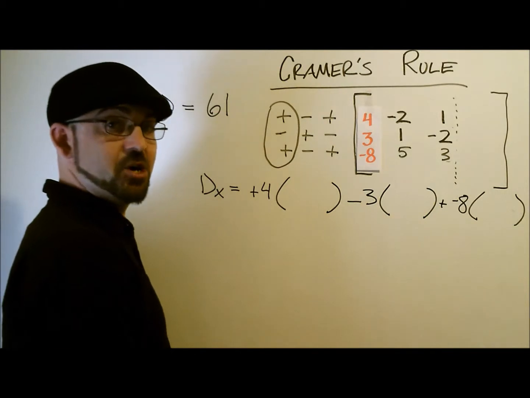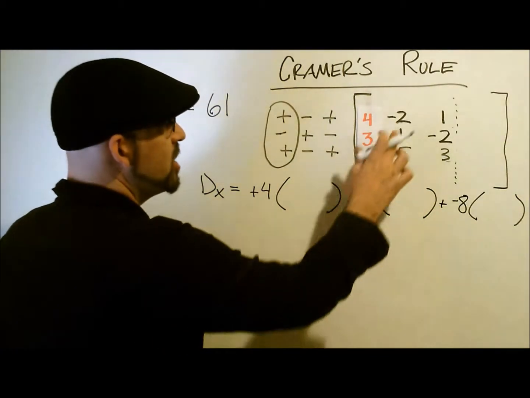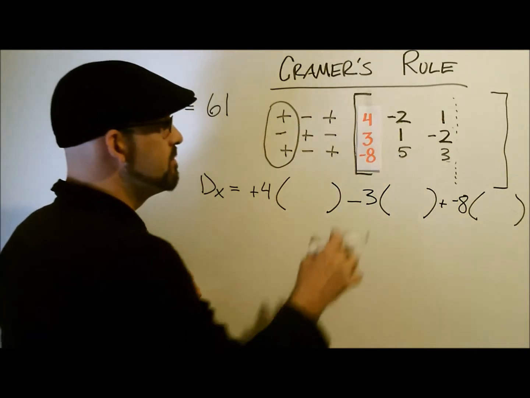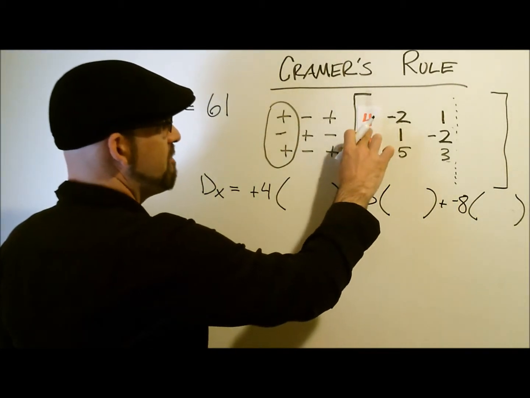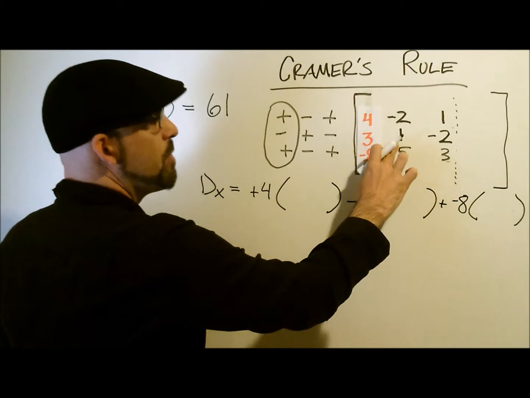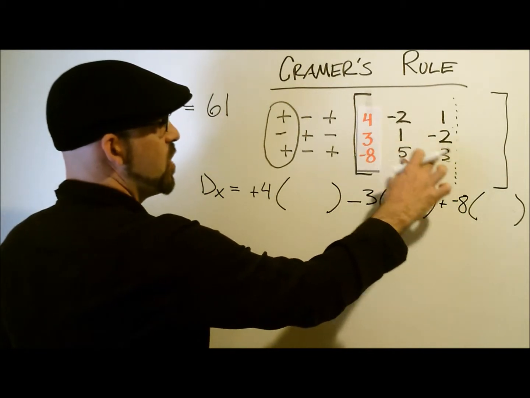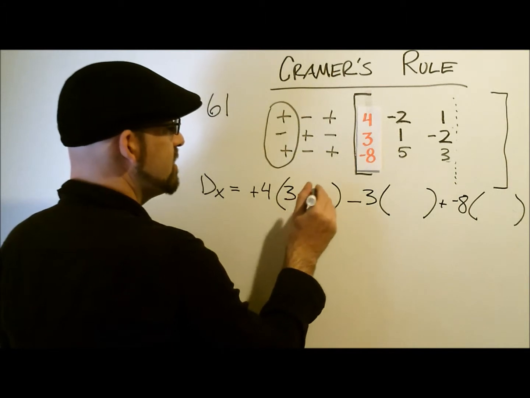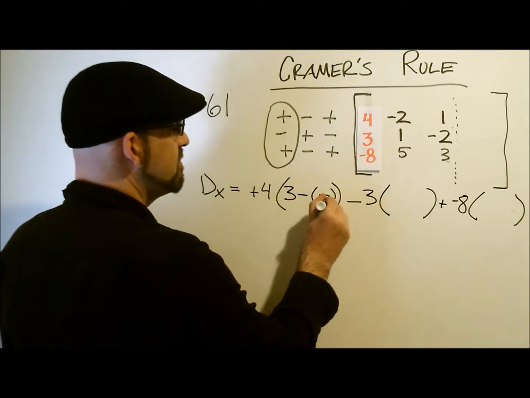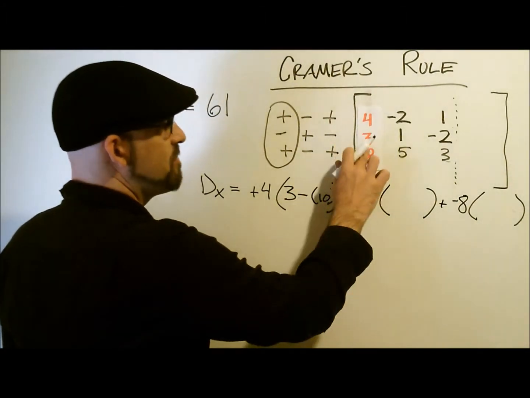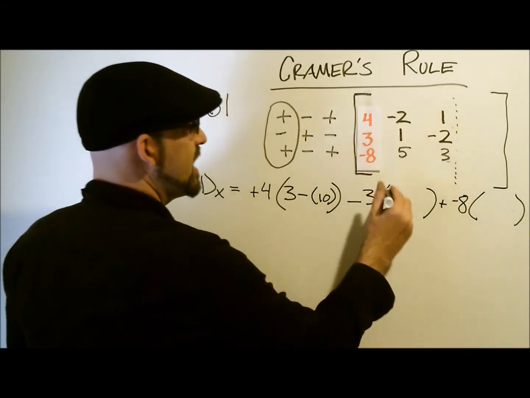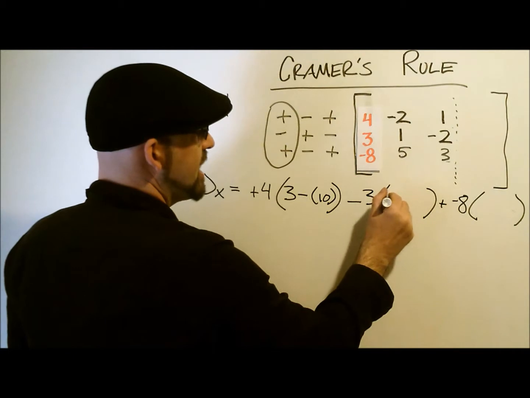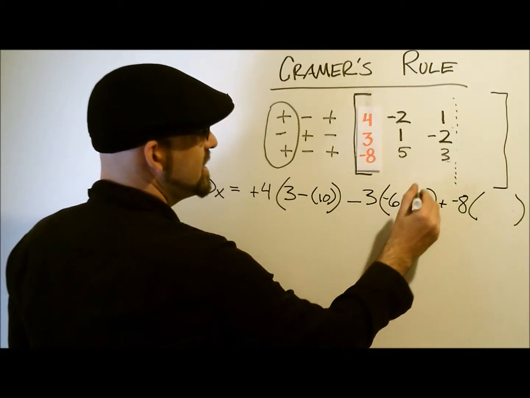Let's find out what these determinants are. It looks like since we didn't change any of the numbers, it's going to be the same. So the minor determinant of 4 is 1 times 3 minus a -10. The determinant of 3 is negative 2 times 3, so negative 6, minus 5.